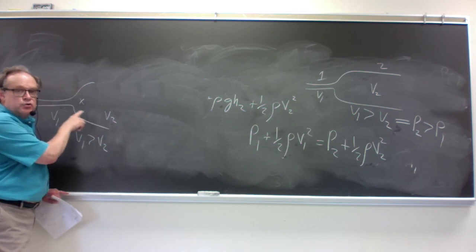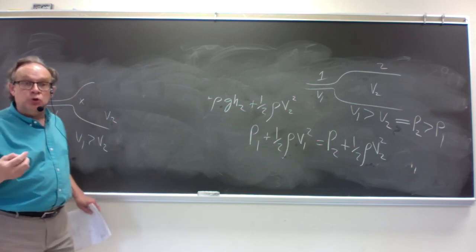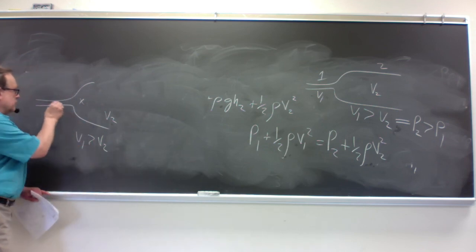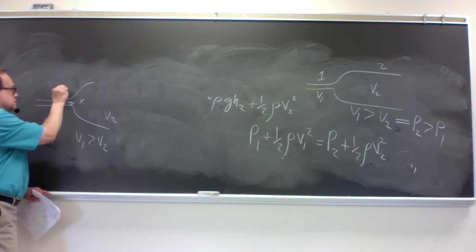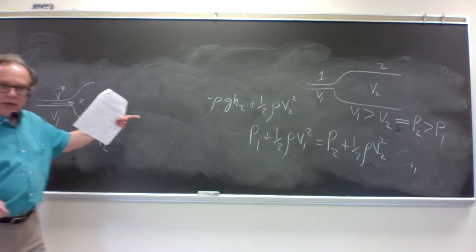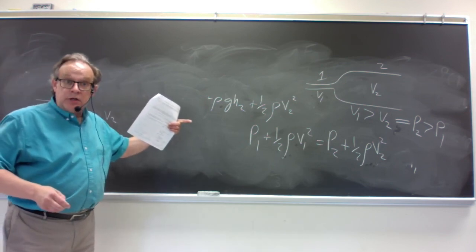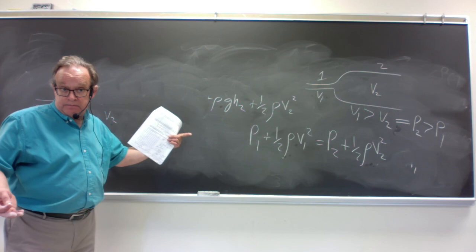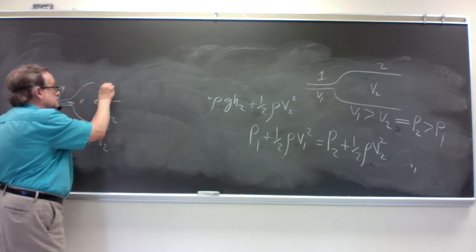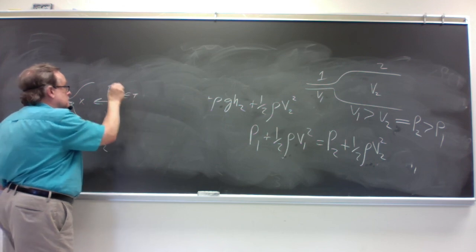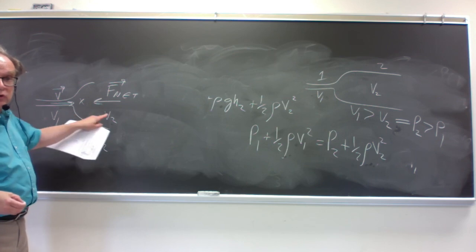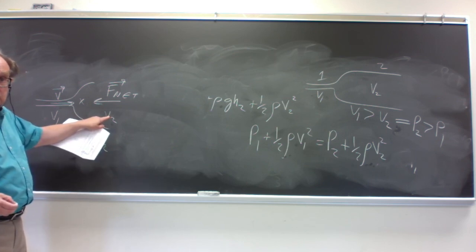So here in the transition, the water must have been slowing down. The water is moving this way. The velocity vector points that way. So if something is slowing down, that means there's a net force pushing backwards on it. And you get that net force pushing backwards because the pressure over here is different from the pressure over here.